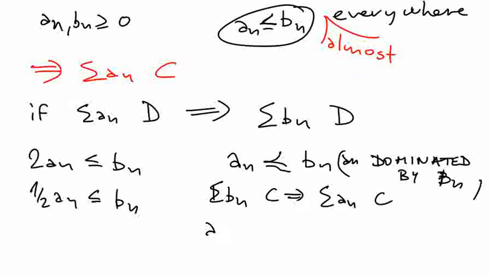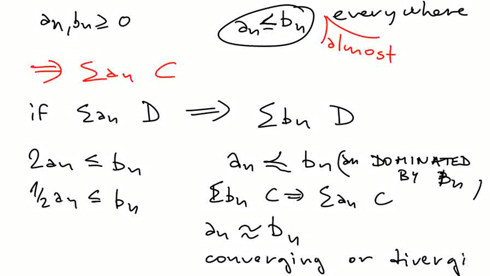Now also, if an has the same values, or almost the same values as bn, then both of the series are either converging or diverging, so we just need to find out how one of the series is behaving.